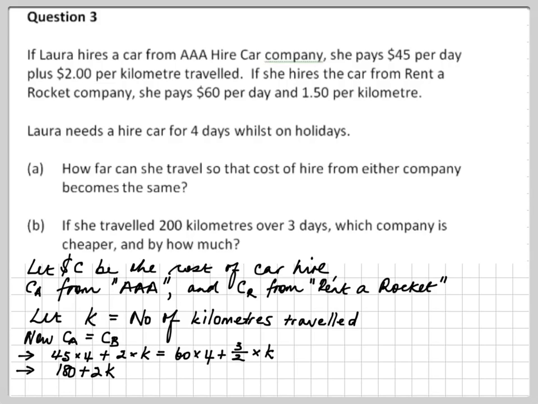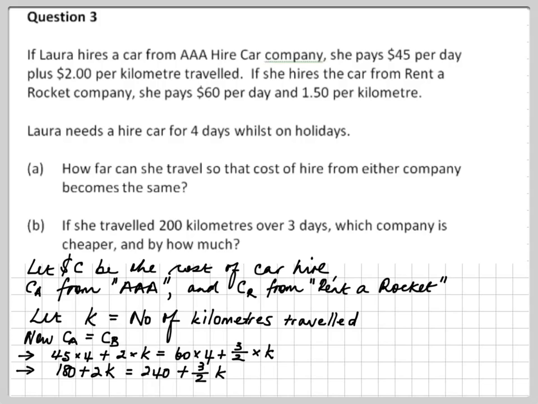Simplifying a little bit, I've got 180 plus 2k on the left-hand side equals 240 plus 1.5k on the right-hand side. Now, which side do you want your k's? Which side do you want your numbers? I think we'll go for the left-hand side for the k's, if that's all right with you, and the right-hand side for the numbers.